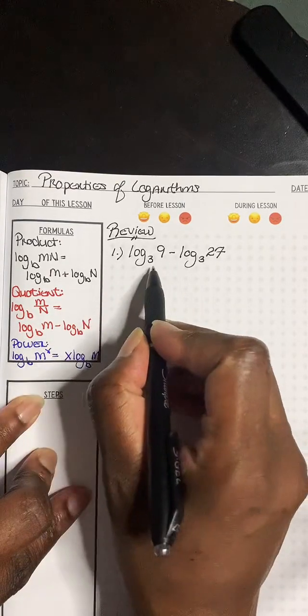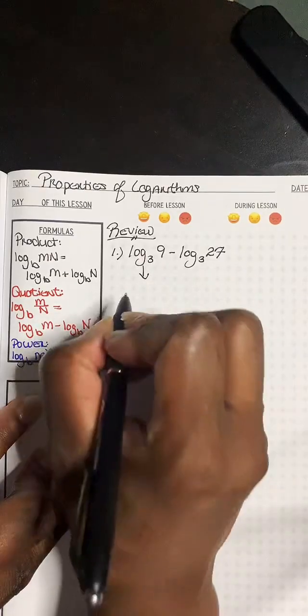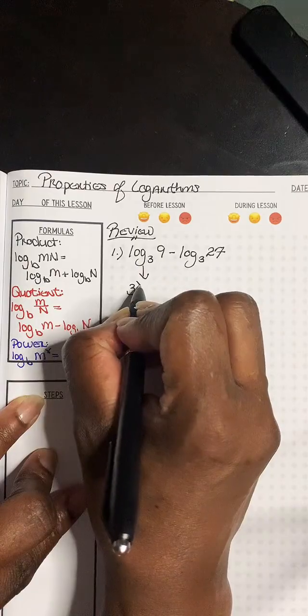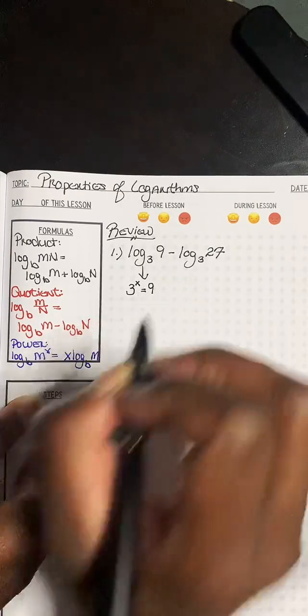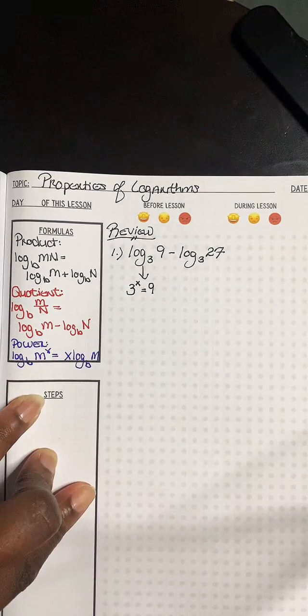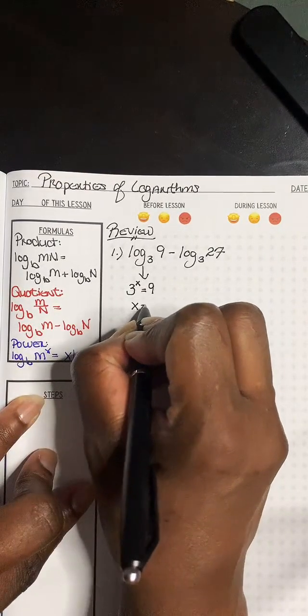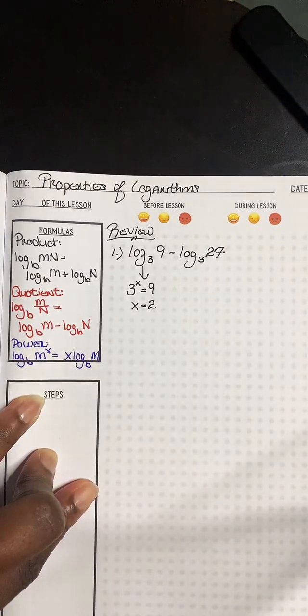If I translate this to an exponent, I have a base of 3, and we're saying 3 raised to what power will equal 9? 3 raised to the second power will equal 9, because 3 times 3 gives me 9.